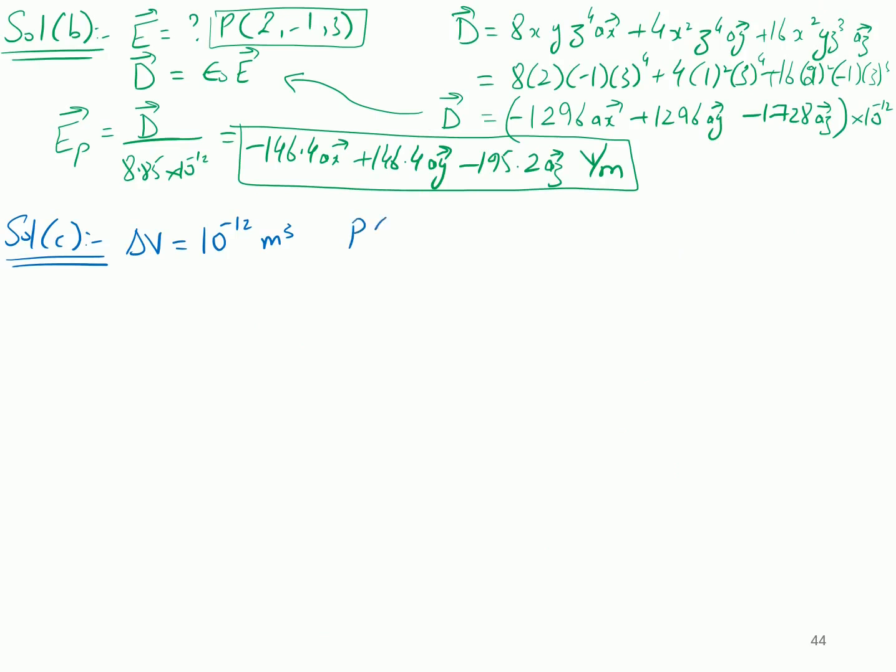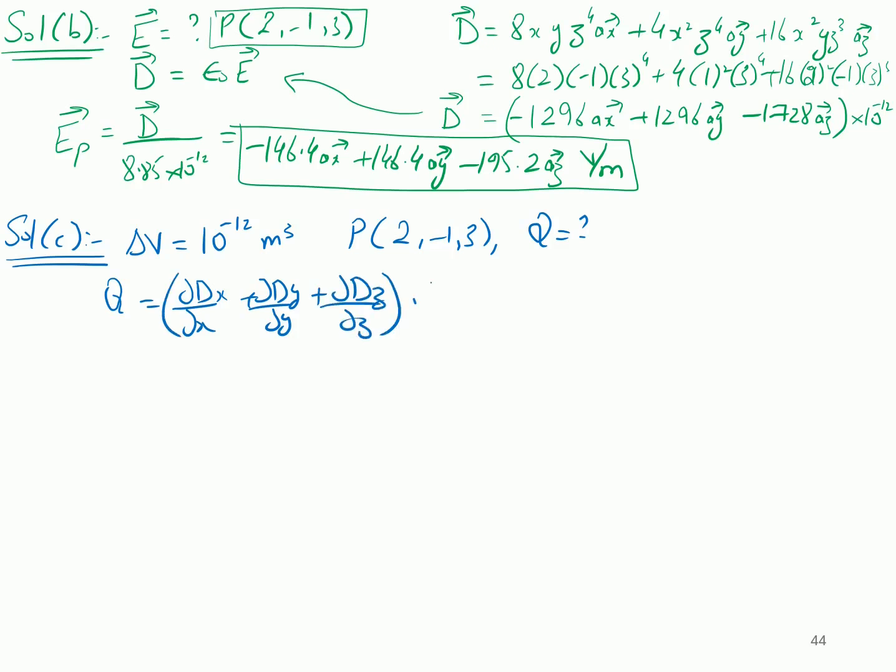The point that we want to find is 2, minus 1, 3, and we need to find the value of charge q. So again, we can apply the equation for the asymmetric Gaussian surface, which is equal to partial derivative of x along x, partial derivative of y along y, plus partial derivative of z along z multiplied by the given volume. So we have the value of d.